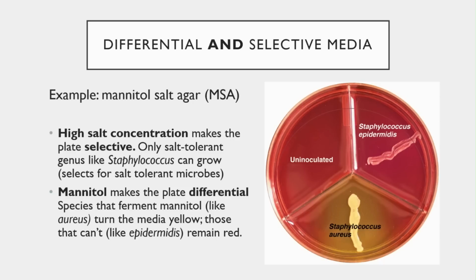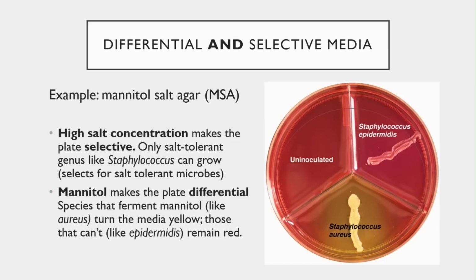Mannitol is a sugar that only some organisms are able to degrade, and the acids from its fermentation change that phenol red from a red color, which you can see in the uninoculated example in the upper left third, into a yellow color.